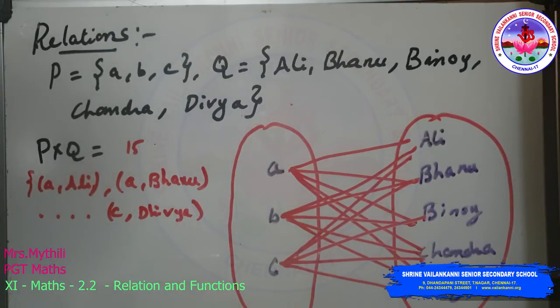We can now obtain a subset of P cross Q by introducing a relation R between the first element X and the second element Y of each ordered pair (X, Y).